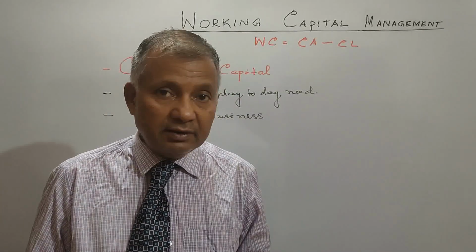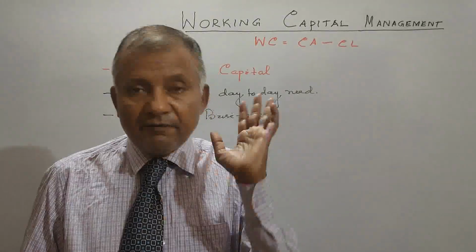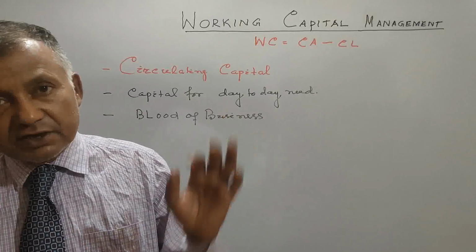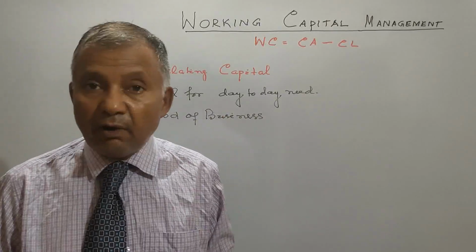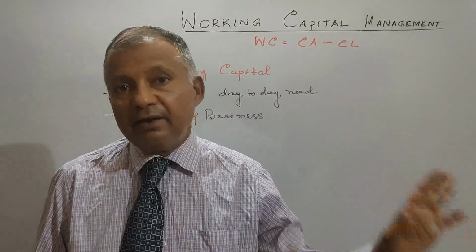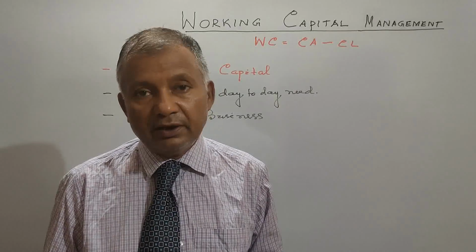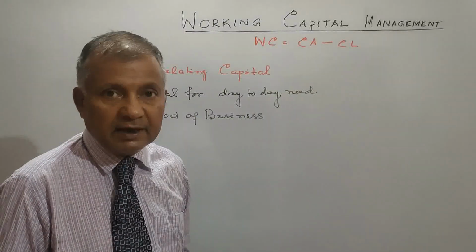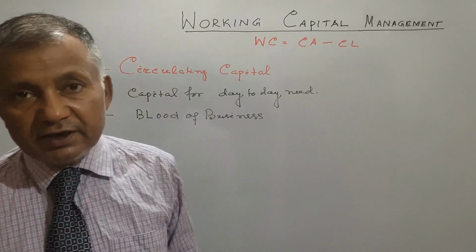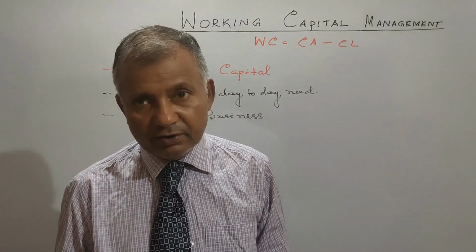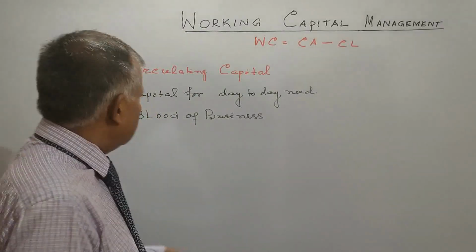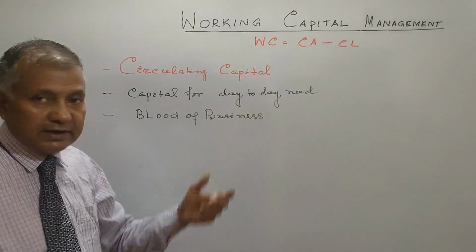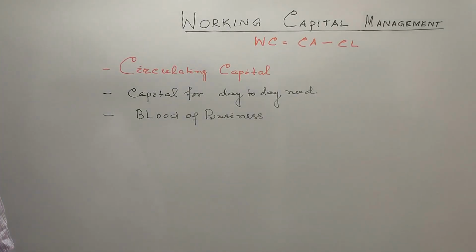There are a lot of examples where companies have stopped production for want of working capital. So this chapter, working capital management, is most important. The capital required for day-to-day need, and it is the blood of the business.